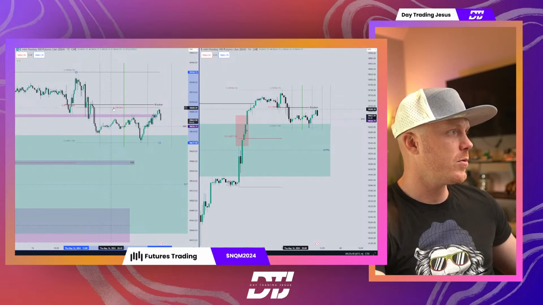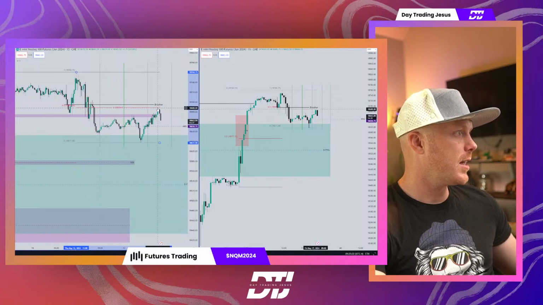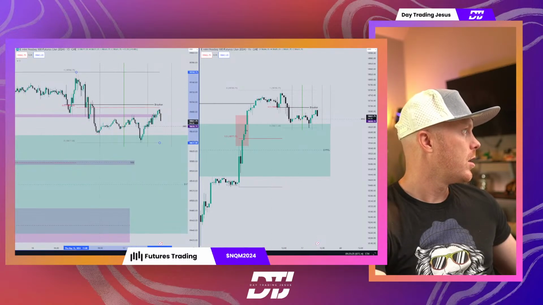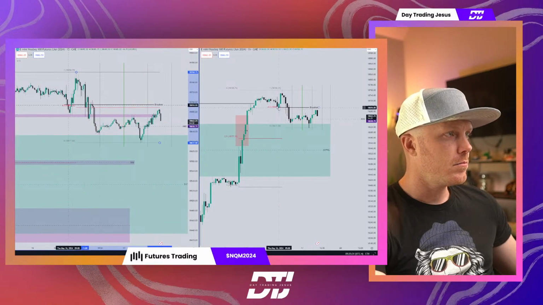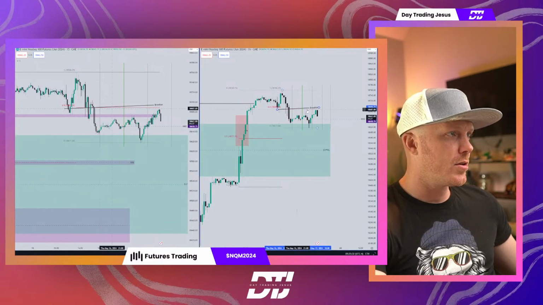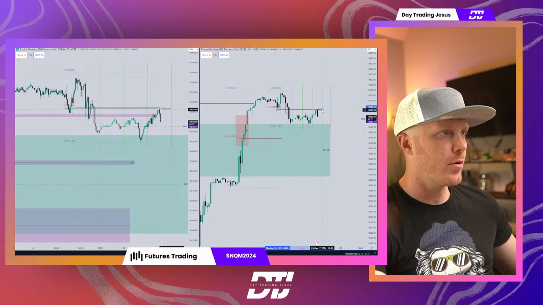This red line is equilibrium. We're sitting right above that. So that's a potential point of interest on the 1 hour. On the 1 hour, we could drop this down to the wick low, and that's even almost better. Look how close that is, and look how it's delivering right now.